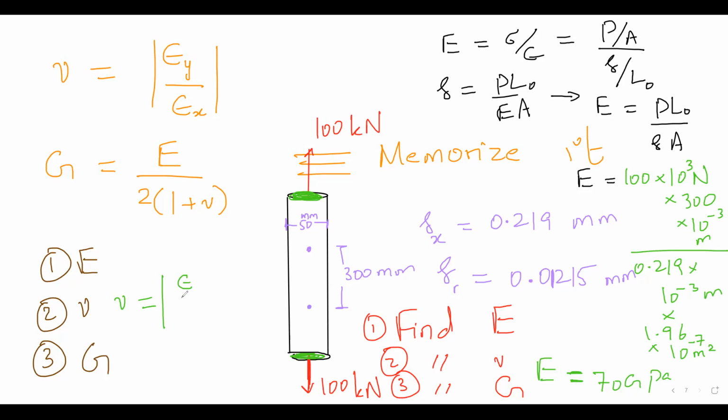I think epsilon y over epsilon x, which will be equal to, so transverse is 0.01215. Okay, I might be wrong here. Let's see, 0.01215 into 10 power minus 3 meter transverse divided by the diameter, which is 50 millimeter.